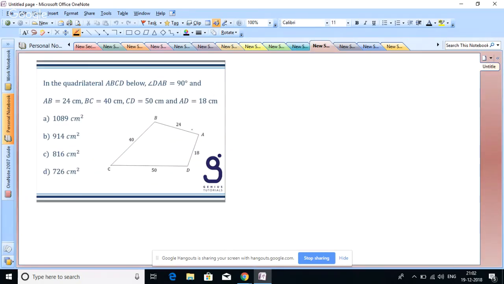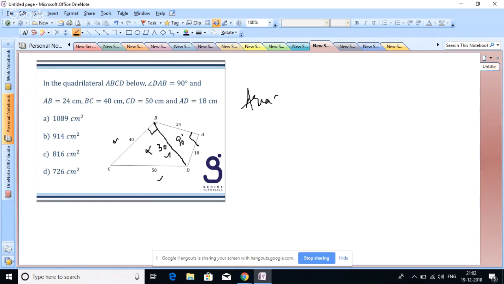Now this is a very simple question. If you see angle DAB is given as 90 degrees, so by joining this diagonal you will get the value of this diagonal by Pythagoras theorem. What will be its value? It will be 30. And again in this triangle, this is 30, this is 50, this is 40. That means this will again be a right angle triangle.